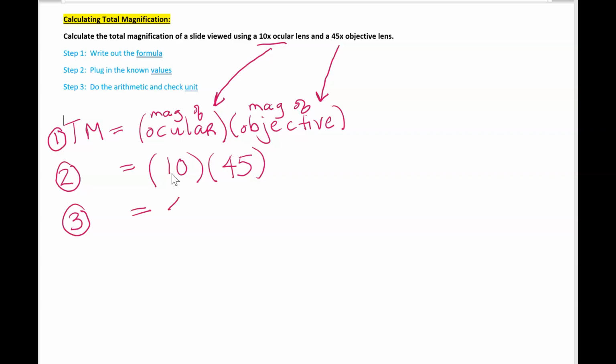So if I multiply 10 times 45, I arrive at a total magnification of 450x. The x is a symbol we use in science to indicate magnification.